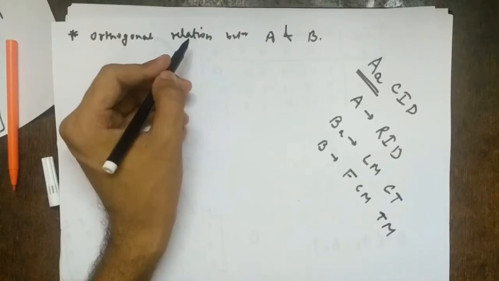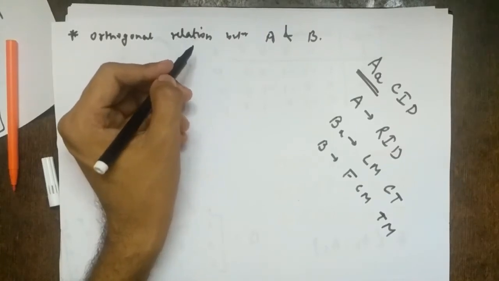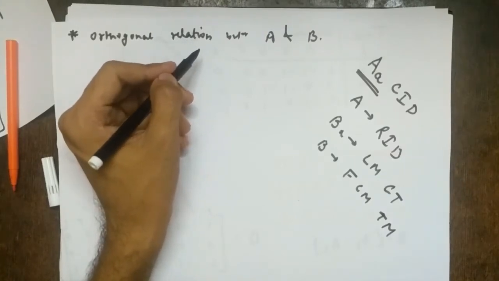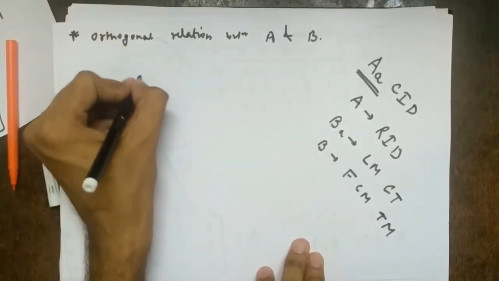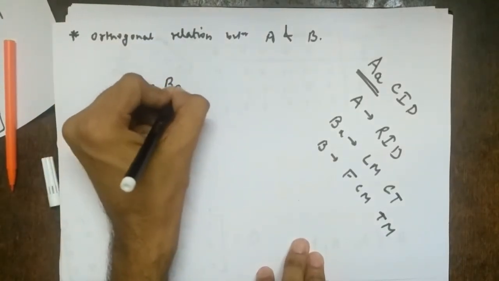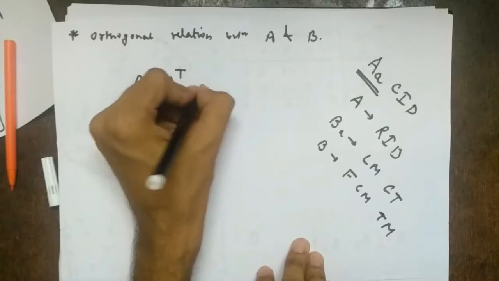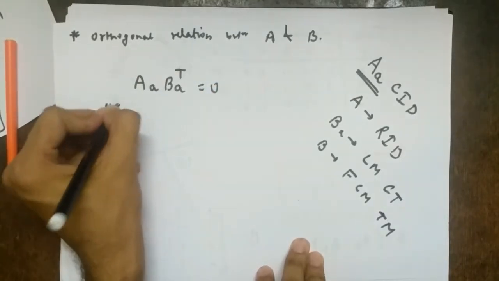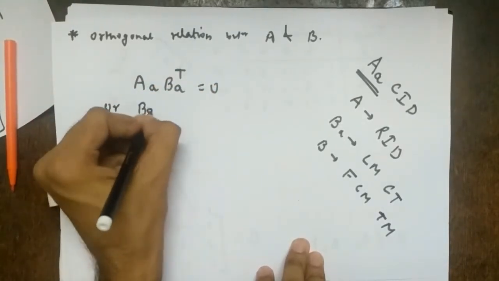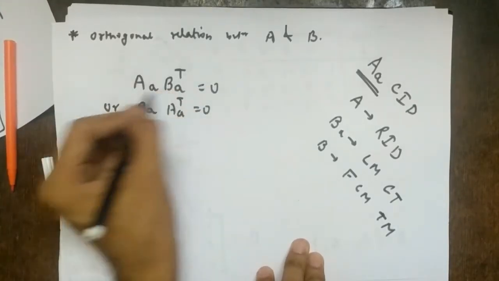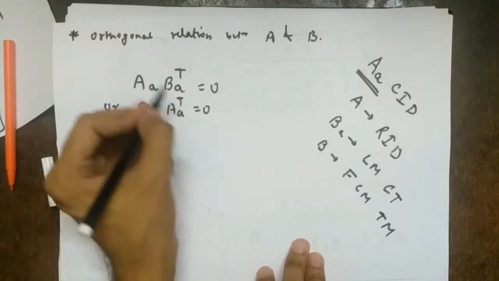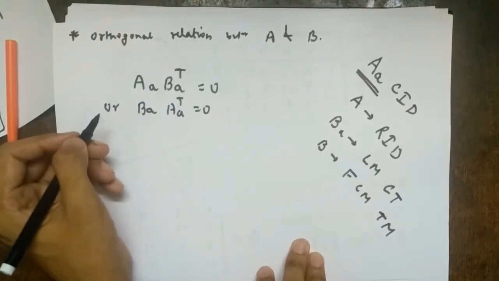There is something called the orthogonal relationship between matrices A and B. For a linear graph, it can be proved that Aa into Ba transpose is always 0. Or the other way around, if you take the transpose on both sides, Ba into Aa transpose is always 0. So this can be proved, right? This is called the orthogonal relationship between A and B.